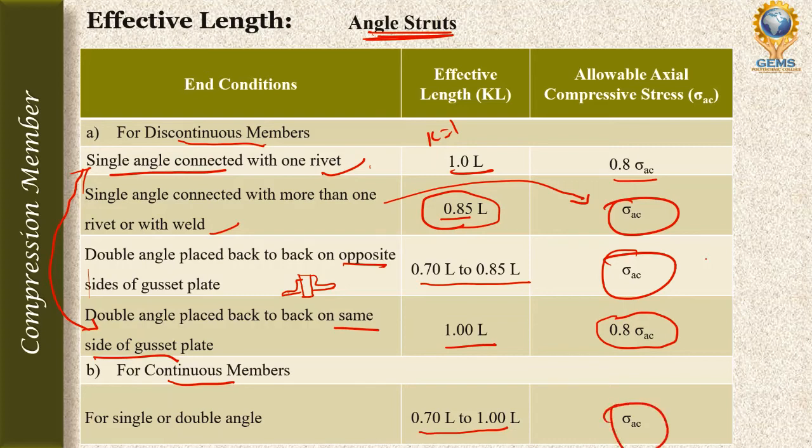So these are the effective lengths for the angle strut. In the question they will give whether it is a discontinuous member or a continuous member. So we have to assume the effective length constant from this table and proceed with the problem.